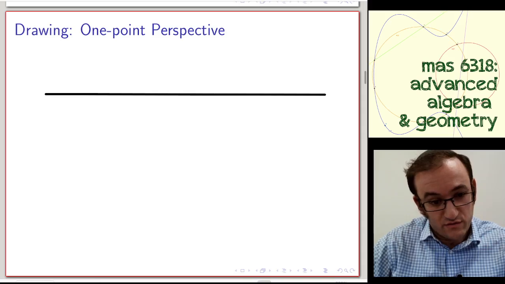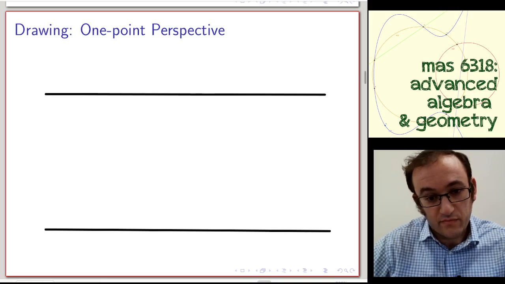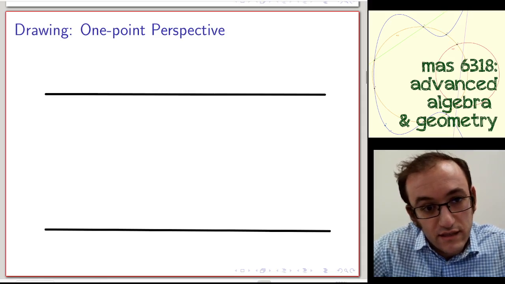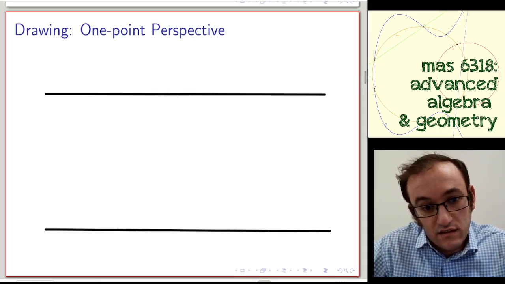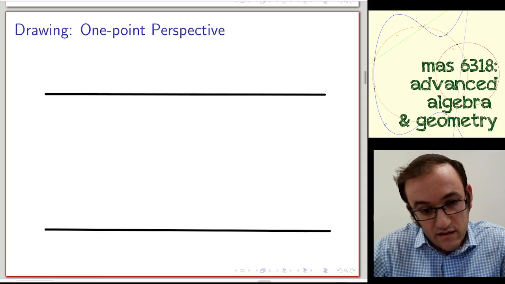Okay, so the first thing you do is draw two parallel lines. Okay. And then you want to draw evenly spaced points along this line.